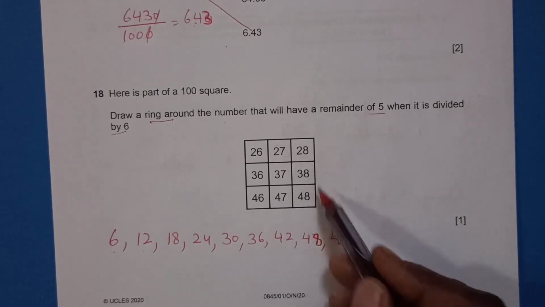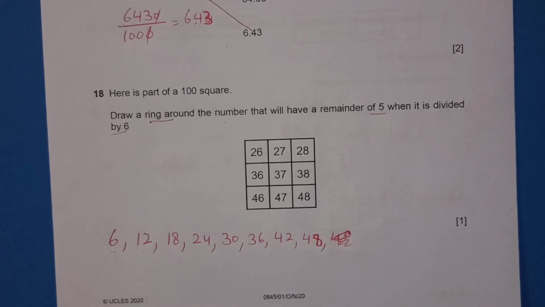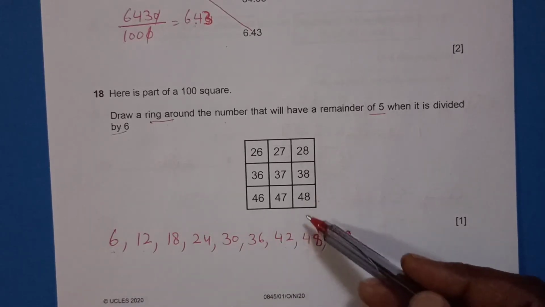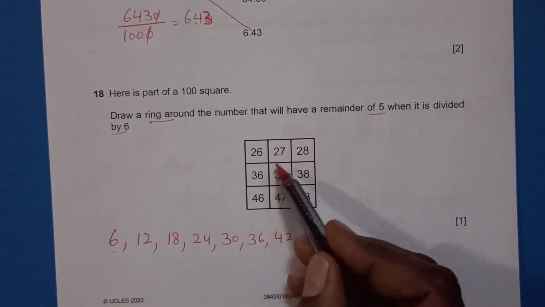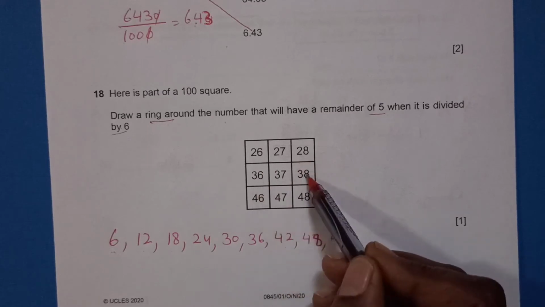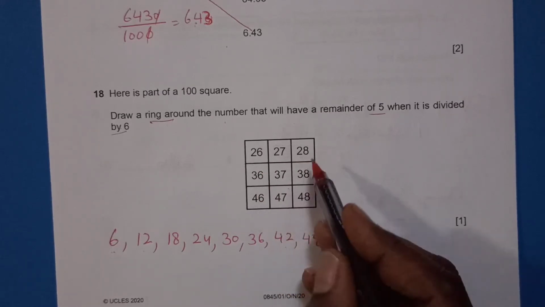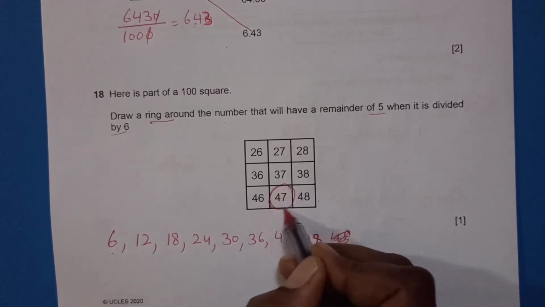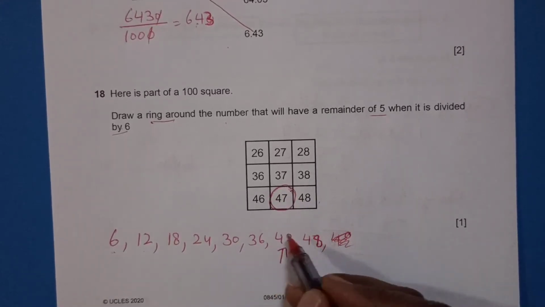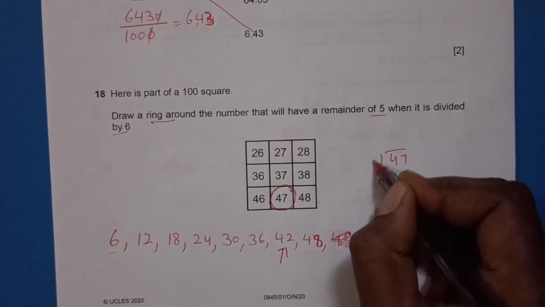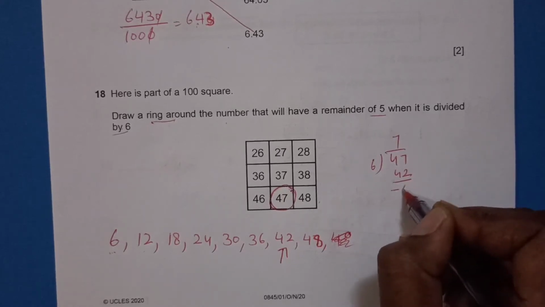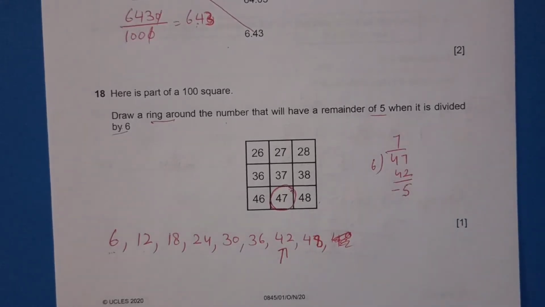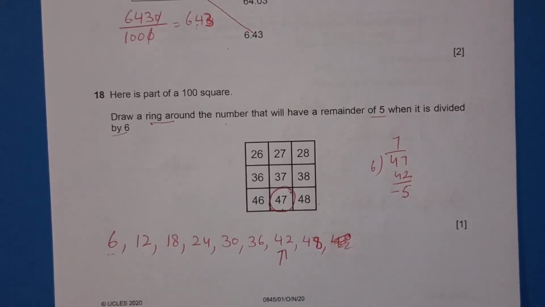So the maximum number is 48, so we don't need further numbers. As you can see, if I take all these numbers from here, only this number comes as 47. When you divide 47 by 6, 6 times 7 is 42, and when you subtract this, your remainder is 5. So only the number 47 gives you remainder 5.